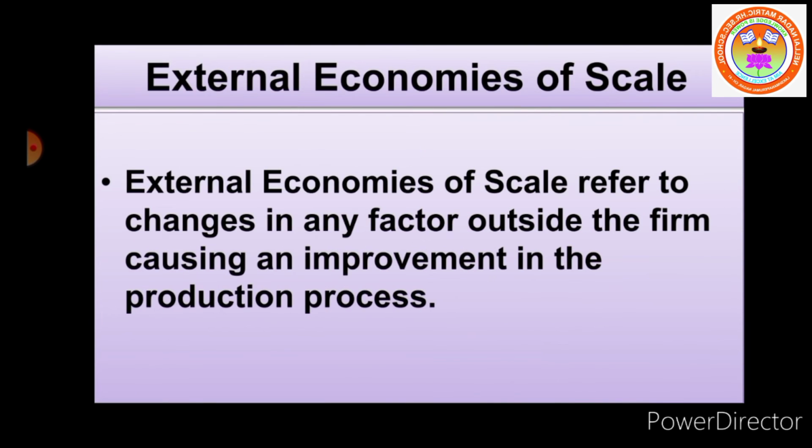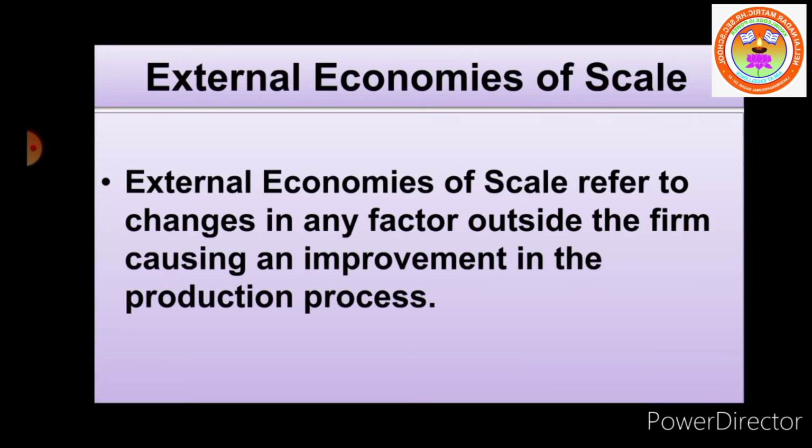Next, let us see external economies of scale. External economies of scale refers to changes in any factor outside the firm causing an improvement in the production process. This can take place in the case of industry also.